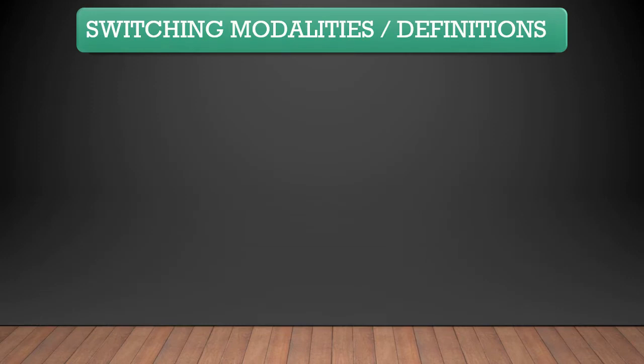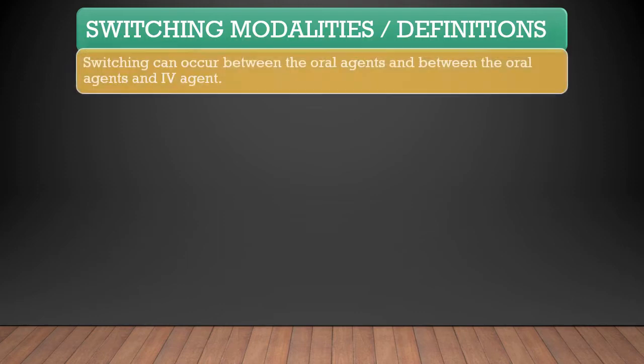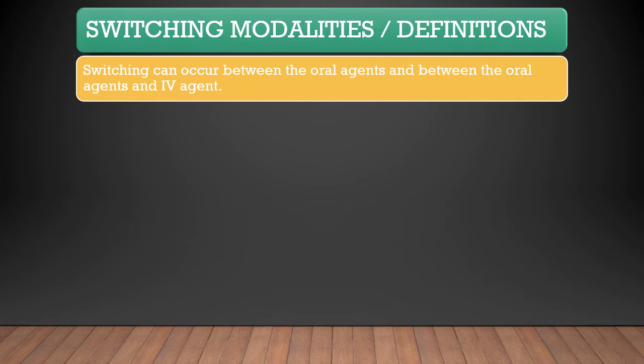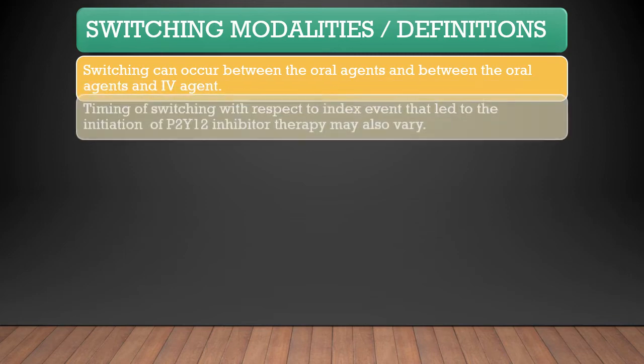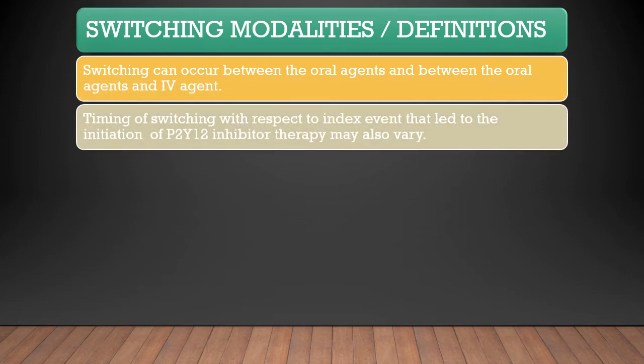Some of the switching modalities and important definitions that you should be familiar with. Switching can occur between the oral agents and between the oral agent and the intravenous agent. The timing of switching with respect to the index event that led to the initiation of P2Y12 inhibitor therapy may also vary.